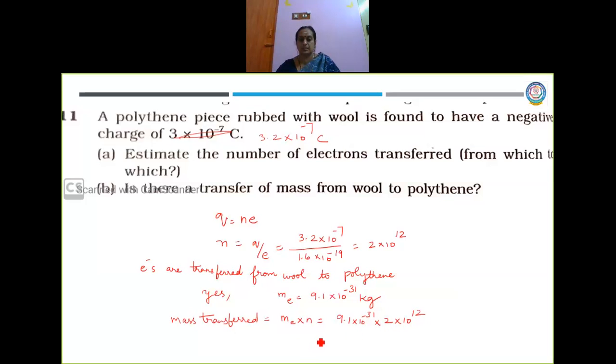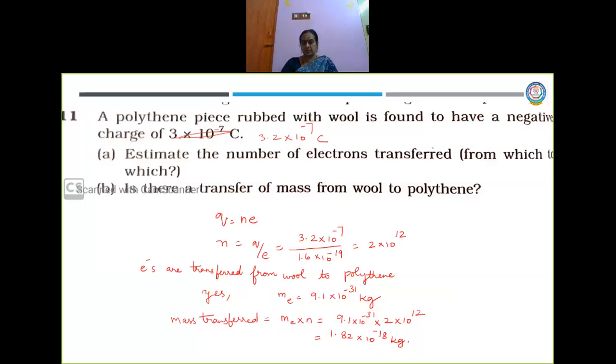So what should be this answer? It will be around 1.82 into 10 power minus 18 kg. So this much amount of mass is transferred.